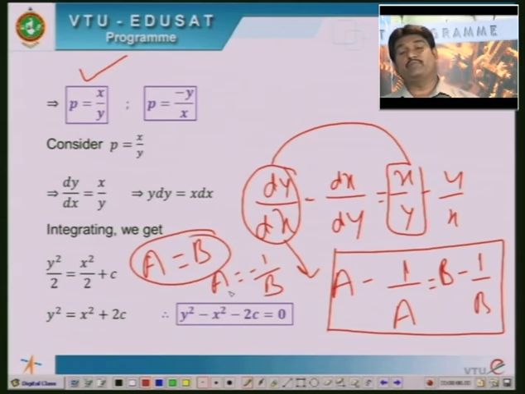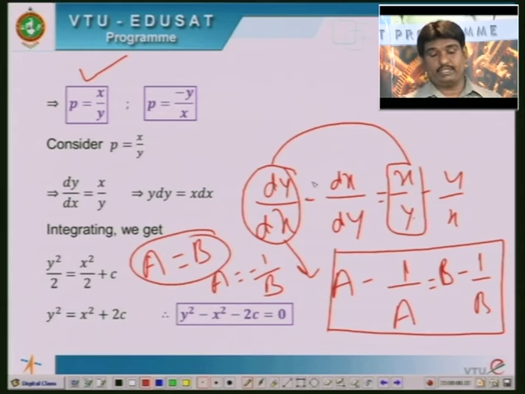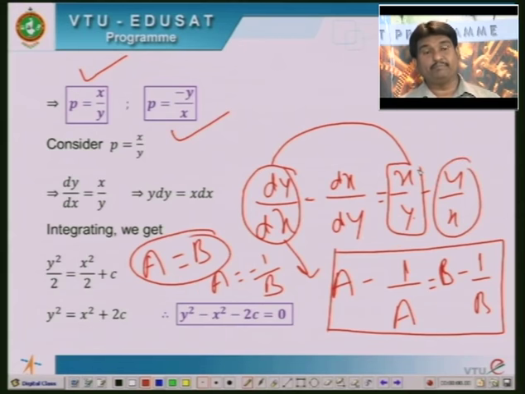If a minus 1 by a equals b minus 1 by b, then a can take two values like this. One is a equals b and the other is a equals minus 1 by b. a is dy by dx, so dy by dx equals b, b is x by y, one possibility, and another possibility is a equals minus 1 by b, so p equals minus of y by x. These are the two possibilities. So I have used both the definitions here, both the concepts.